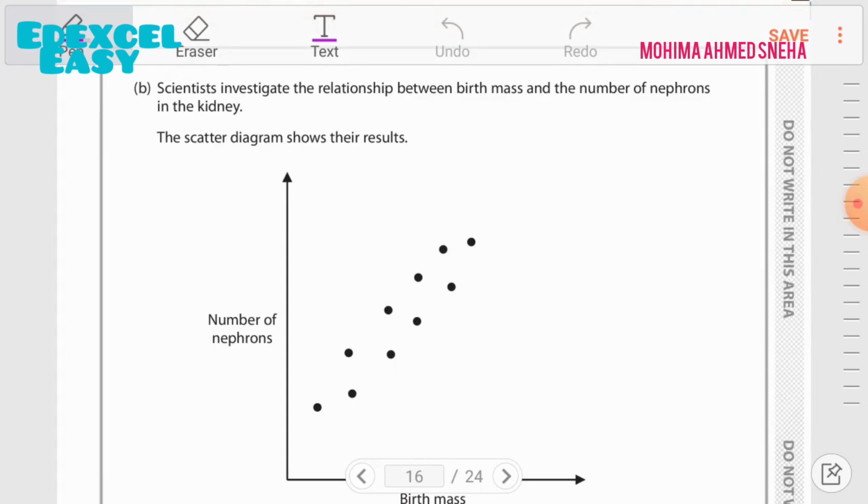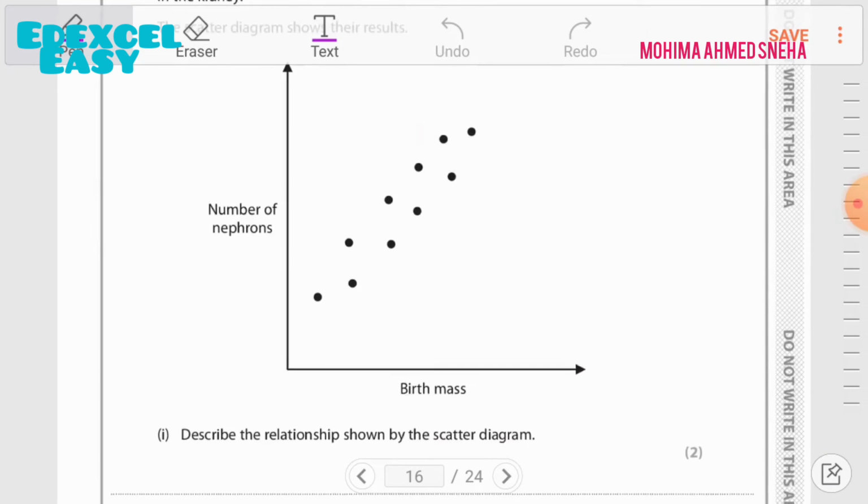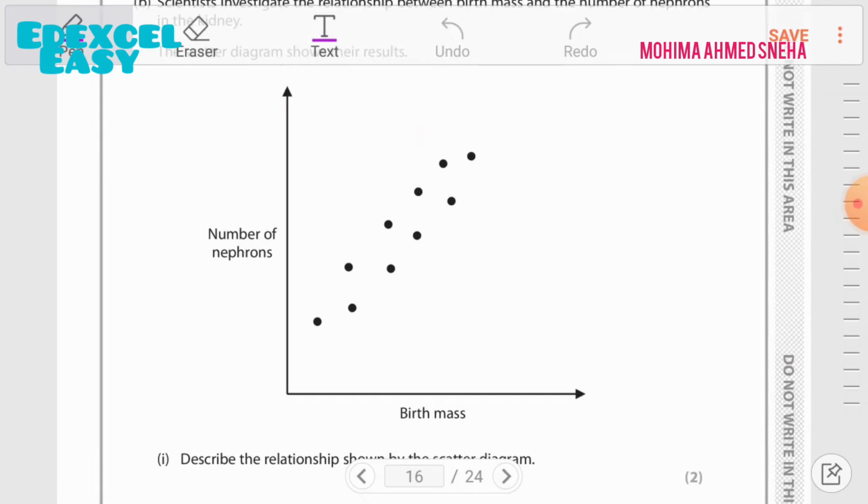Scientists investigate the relationship between birth mass and the number of nephrons in the kidney. The scatter diagram shows these results. Describe the relationship shown by the scatter diagram. I'm not going to say that it is a linear graph, because as it is a scatter diagram, the points are not exactly one after another, and they are scattered in an uphill pattern, like they were going upward.